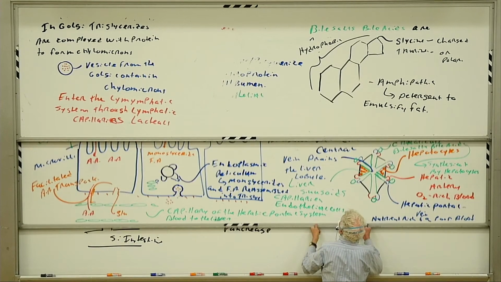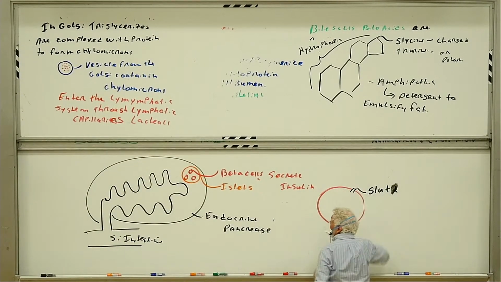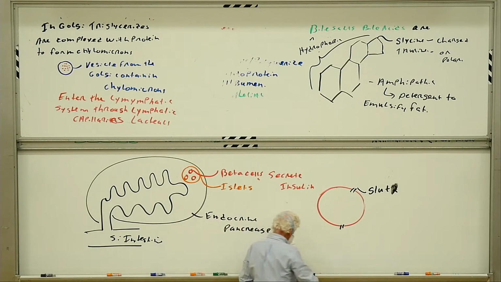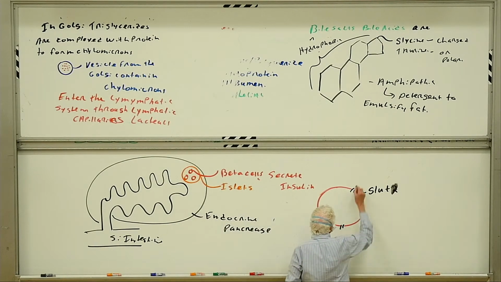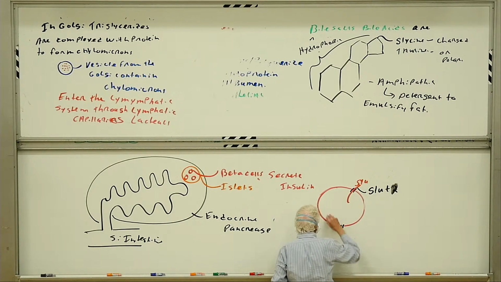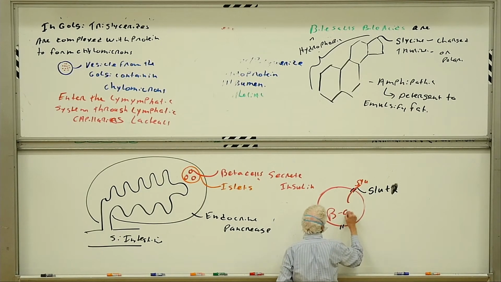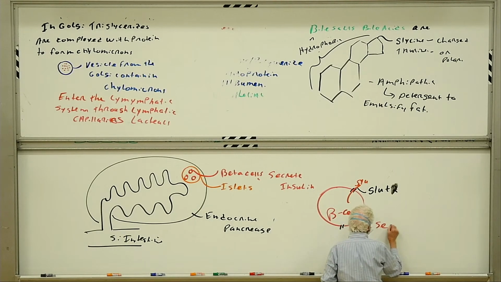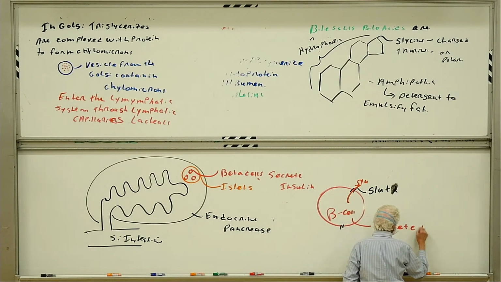When that blood comes back and reaches the endocrine pancreas, that glucose enters the beta cell. This is the beta cell. It enters the beta cell and signals the beta cell to secrete insulin.